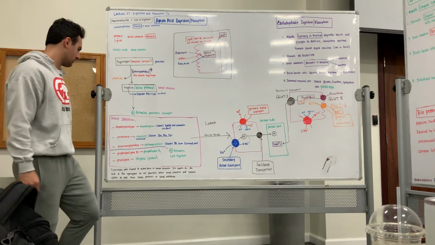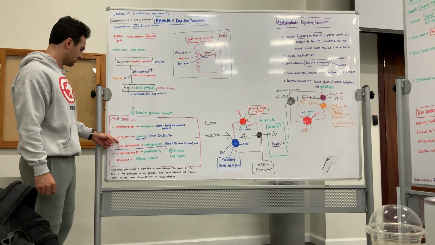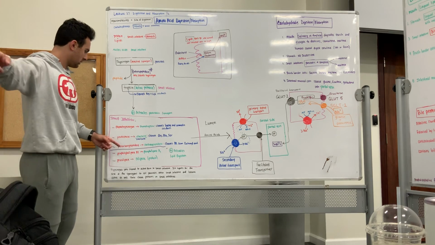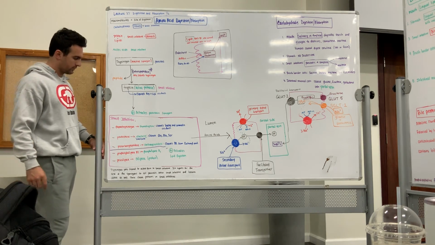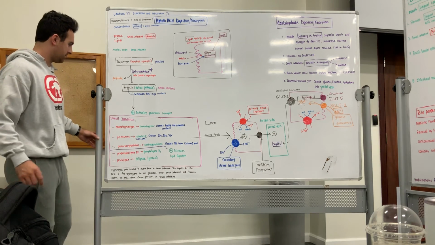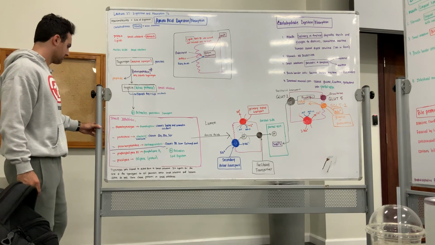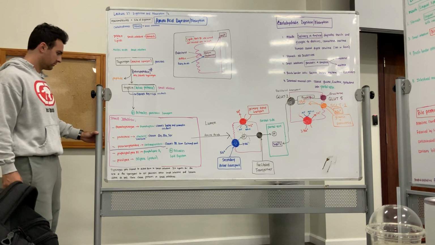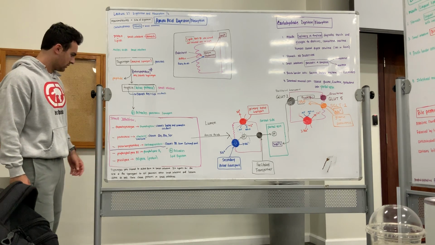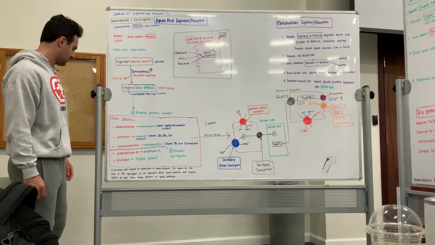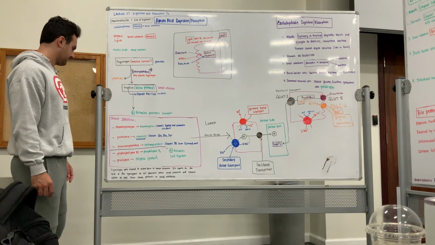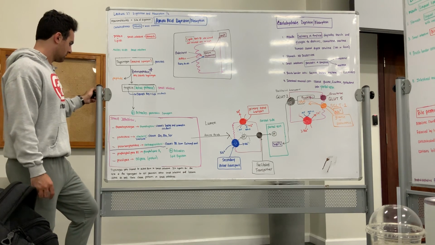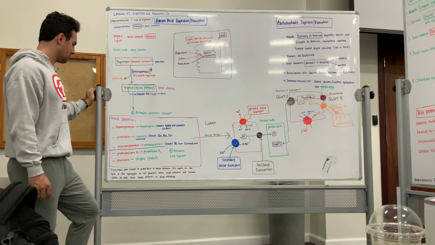We'll get to this after. Proelastase is cleaved to elastase. Procarboxypeptidase is cleaved to carboxypeptidase. And then you have prophospholipase A2 to phospholipase A2. Procolipase to colipase for proteins, and these all come in handy in order to activate their active enzymes, basically.